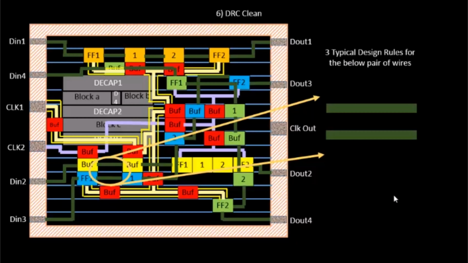The three basic rules for this pair of wires begin with the minimum width of the wire, which should be some X number. This is the minimum wire width, and the rule says that the width of this wire should be at least this much. It can be greater than this, but it should be at least this amount.